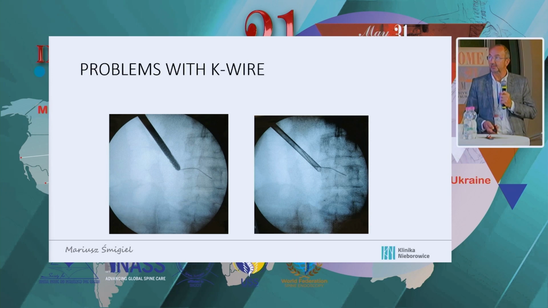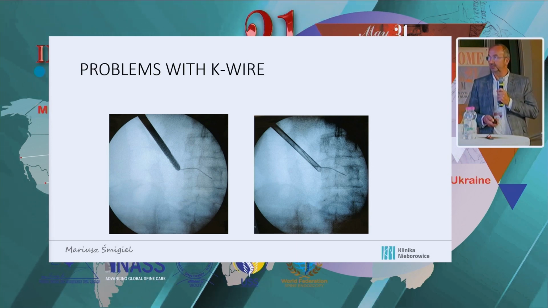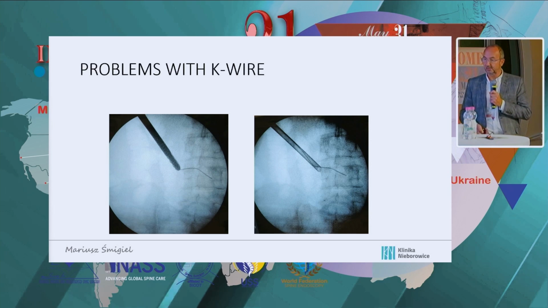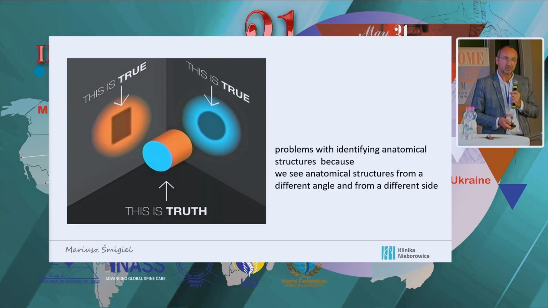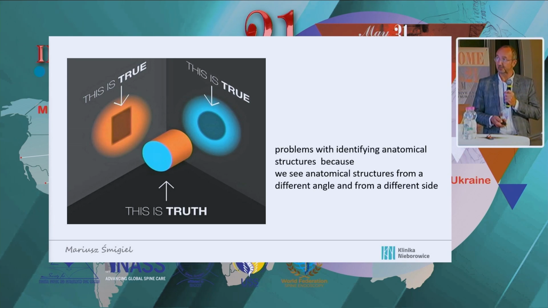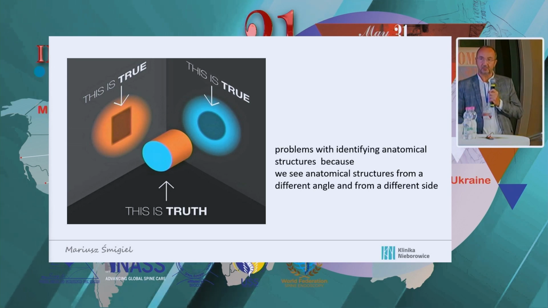We sometimes have a problem with the key wire, but it is easy to remove the key wire through the working sleeve. And at the beginning, we have a problem with recognizing the structures, because we see the same anatomical structures, but from a different angle and from a different side.